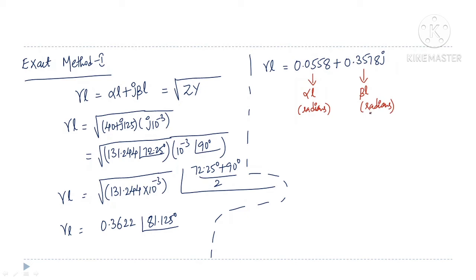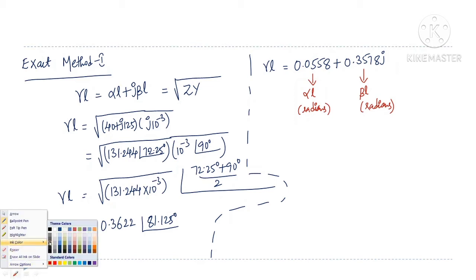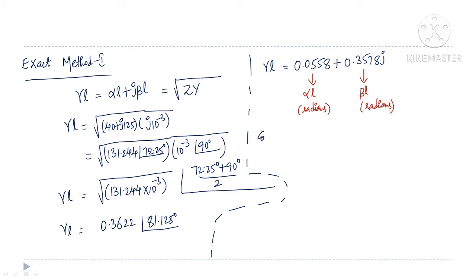Now, how can you find cosh gamma L? This is the thing which we need to do in this method. So cosh gamma L is equal to, what is gamma L?